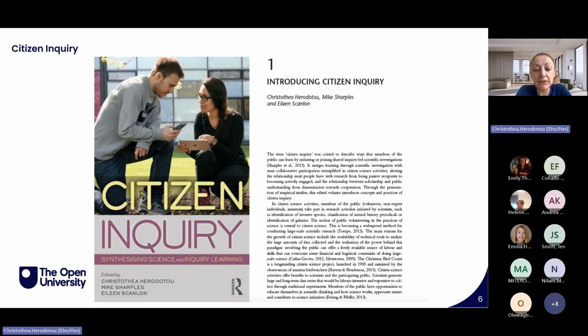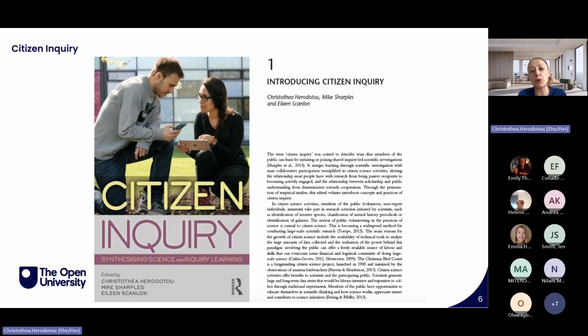And by actively, we refer to all of the stages of the scientific process, from definition of a problem to deciding how to collect the data, how to analyze and interpret, how to disseminate it. We paid special attention here to shifting the focus from scientists to members of the public. And we saw the public as being active in defining their own research agenda.